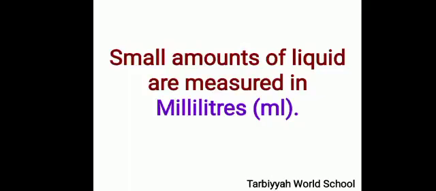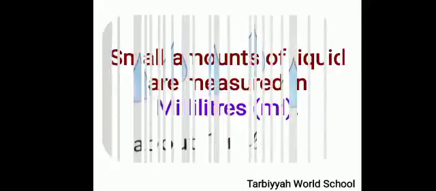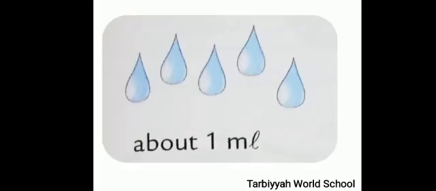The unit of milliliters is ml. See the example of a small amount of liquid we measure. See, a drop of water is just about 1 milliliter. So the raindrops we measure in milliliters.